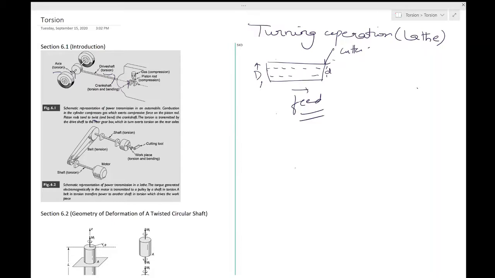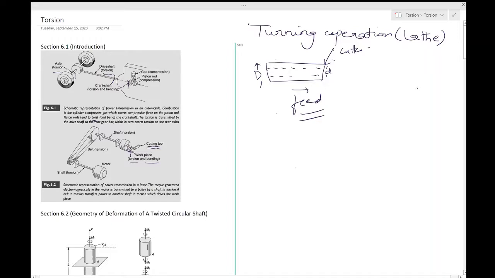Okay, so the way this works is also quite simple. You have your cutting tool, of course, a very sharp and hard object. Then you have your workpiece, which is fixed like this, and this is clearly rotating. If you observe your video, or if you have done it, you will observe that there is a torsion and bending.